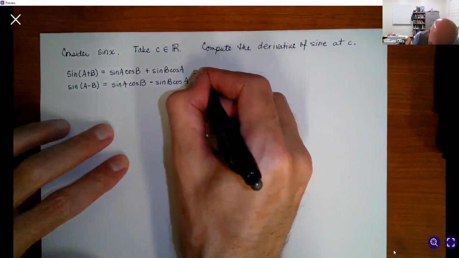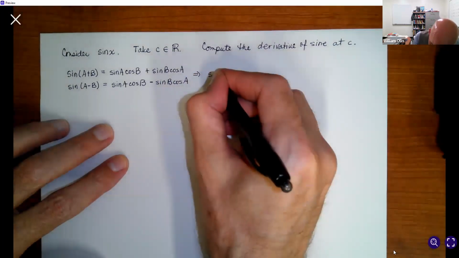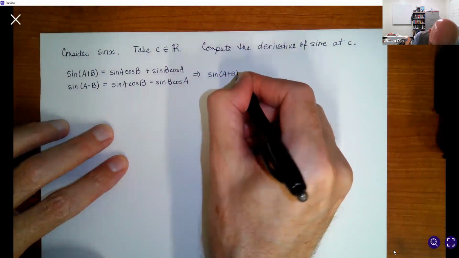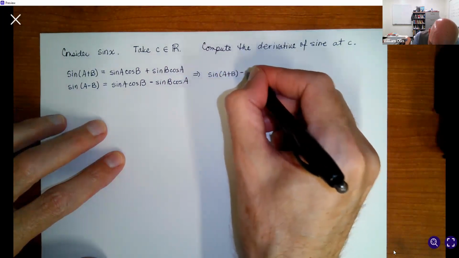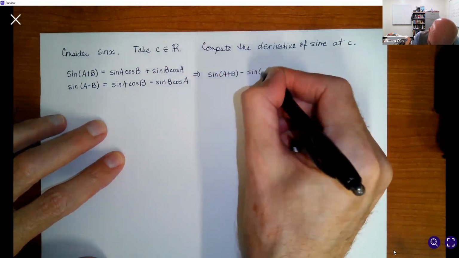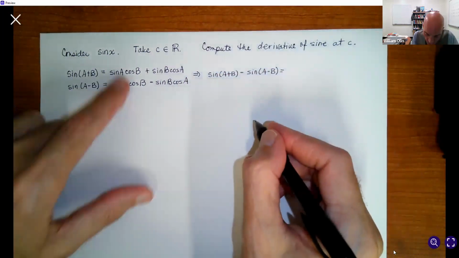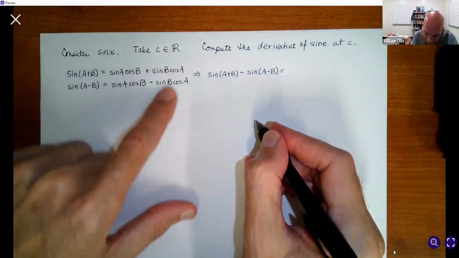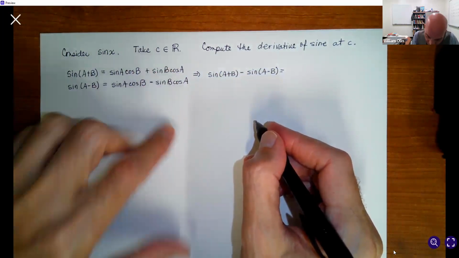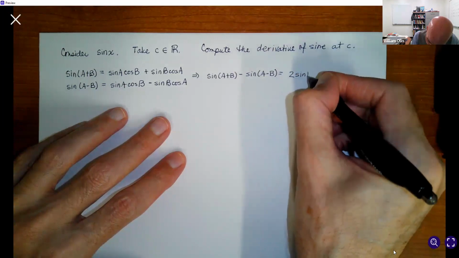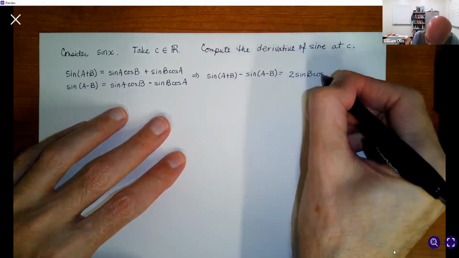So this is going to imply that sine of A plus B minus sine of A minus B will equal, of course, when we subtract, these two absorb, but these add, minus the additive inverse. So this gives us 2 sine B cosine A.